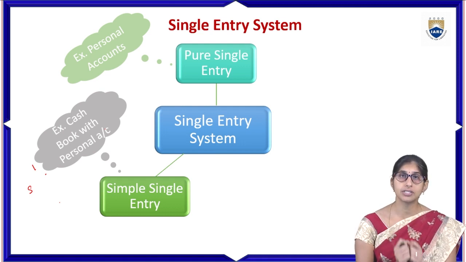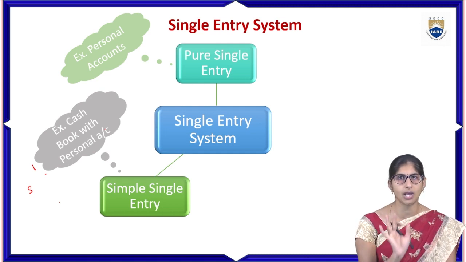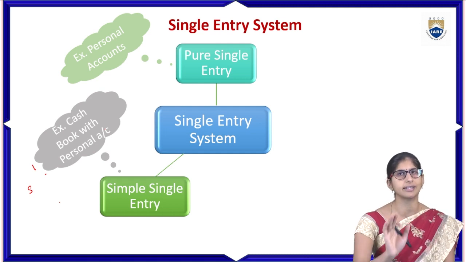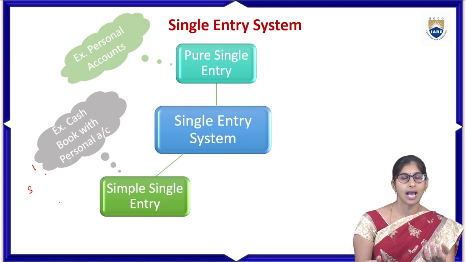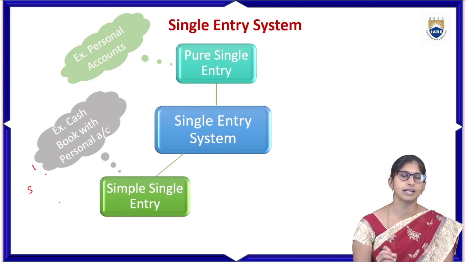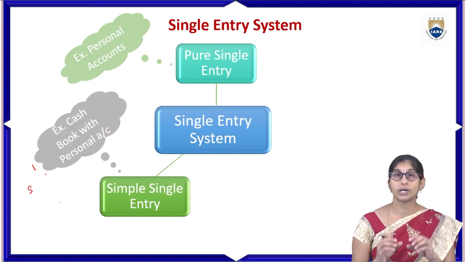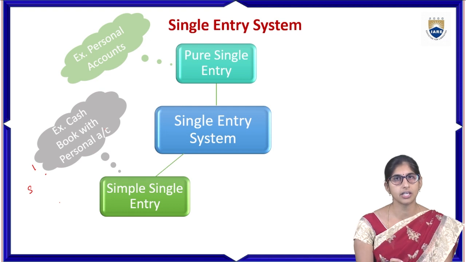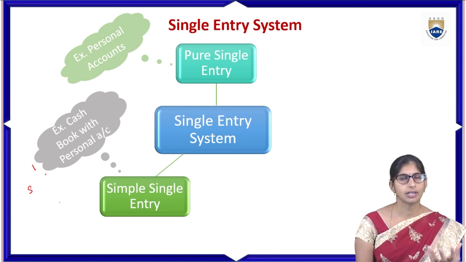When I open my small kirana shop in the morning at 7 o'clock, what will I do? I'll just pull the shutter and open my money box. I'll count how much money is there today. What is the beginning initial amount which I have in my cash box? That is what I'm going to calculate.